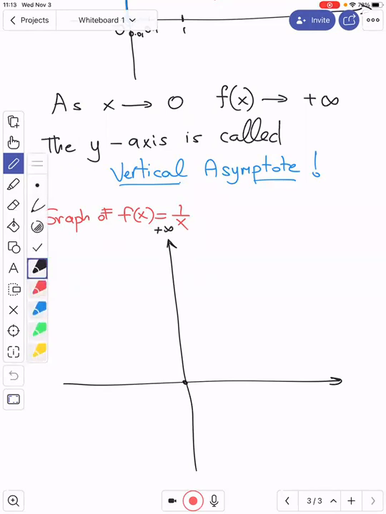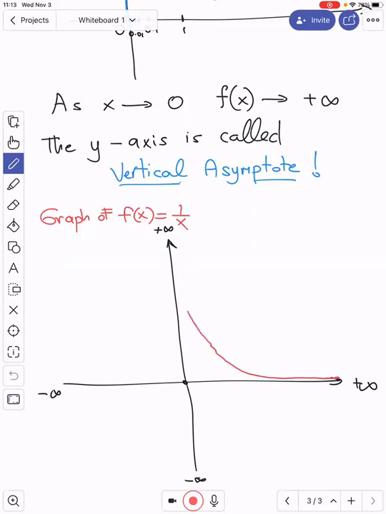This is positive infinity, and this is negative infinity. As we said, the graph of f is going to be as close as I want to the x-axis, but never touch the x-axis. And the same thing for the y-axis: I'm going to get as close as I want to the y-axis, but I won't touch it. So there's no intersection.